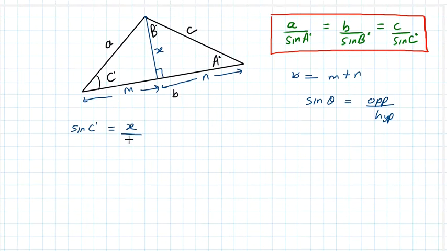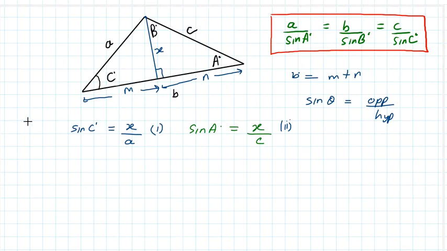Our hypotenuse is a. We can do the same with sine A, and sine A is opposite, x, over hypotenuse c. So these are two different equations. We have equation 1 here and equation 2.